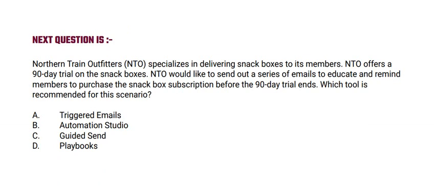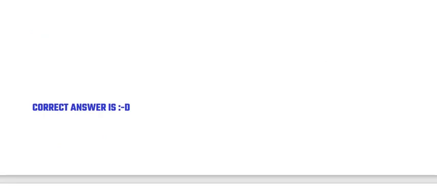Which tool is recommended for this scenario? Options are: Option A, triggered emails. Option B, automation studio. Option C, guided send. And option D, playbooks. The correct option is option D.